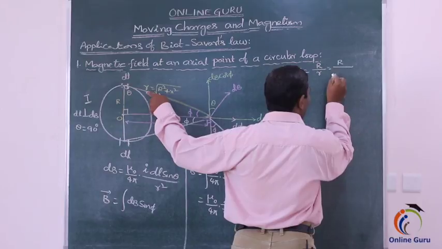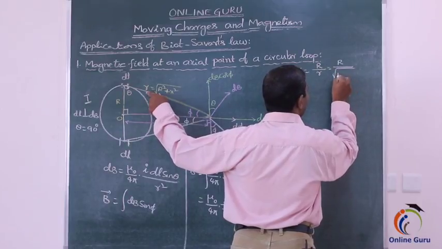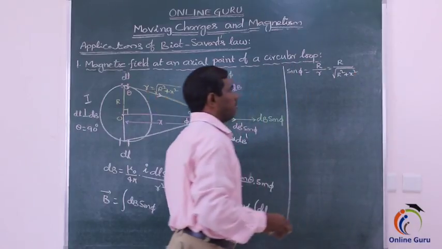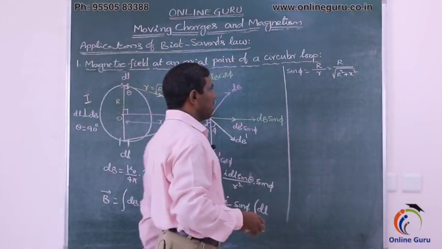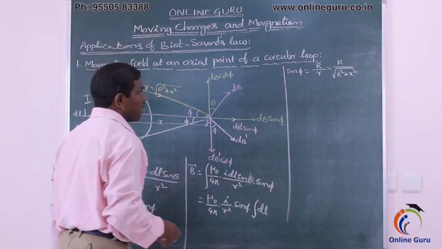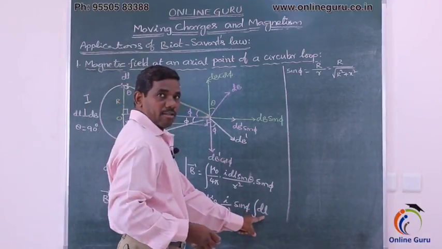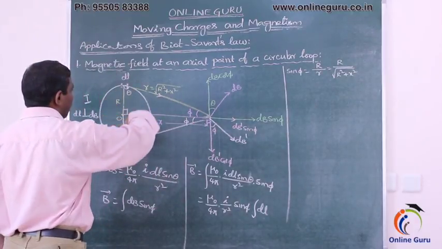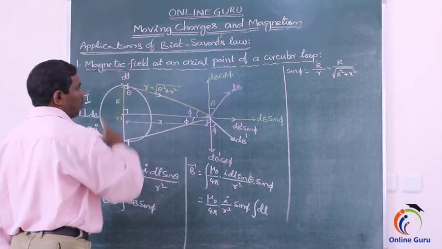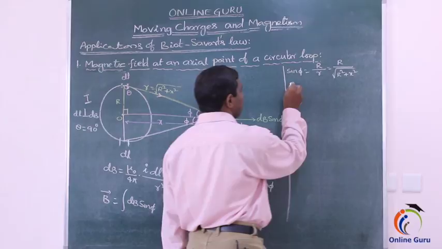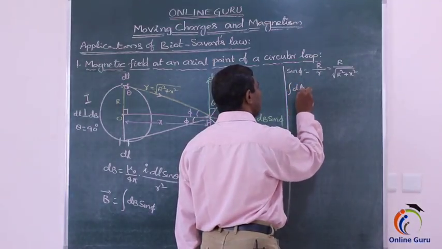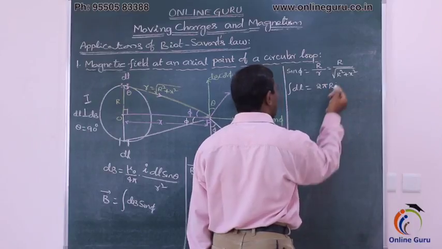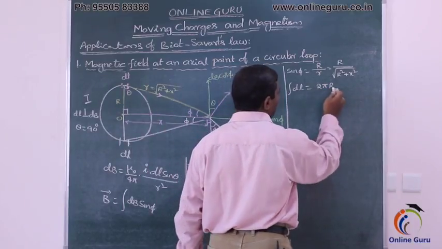From the diagram, it is root over R square plus x square. Then integral dl means the total length of the circular loop. It gives integral dl equal to the circumference of the circle of radius R, which is 2 pi R.